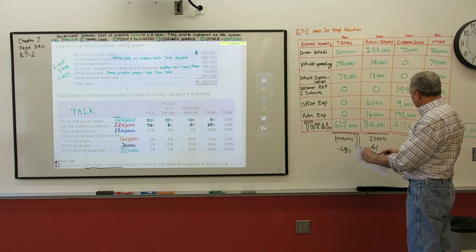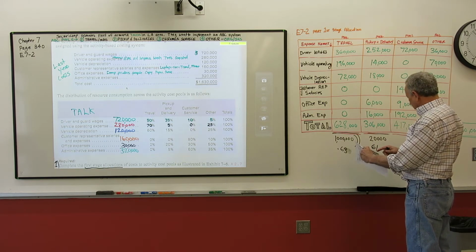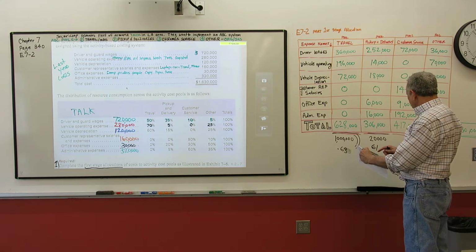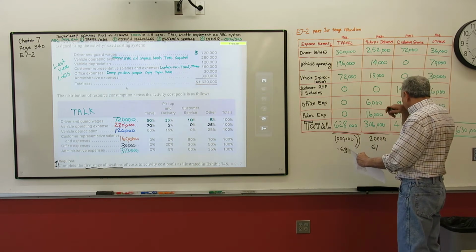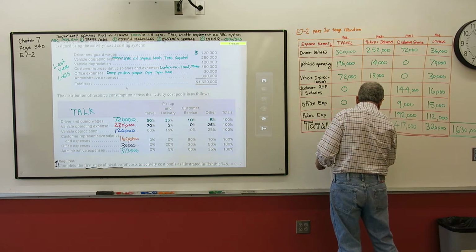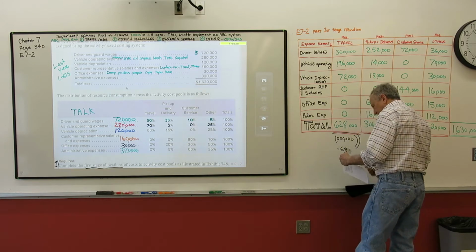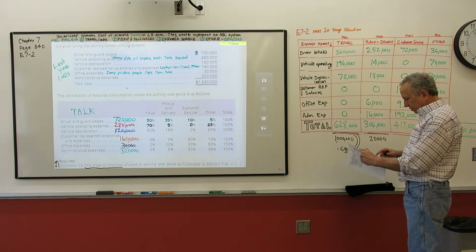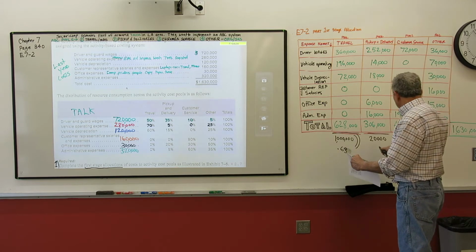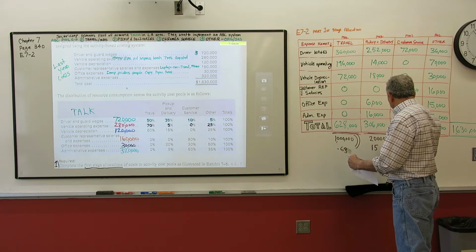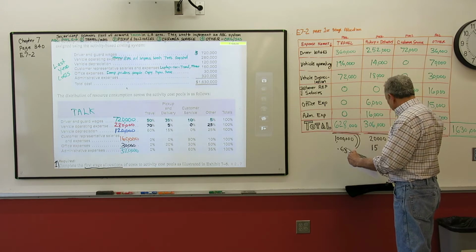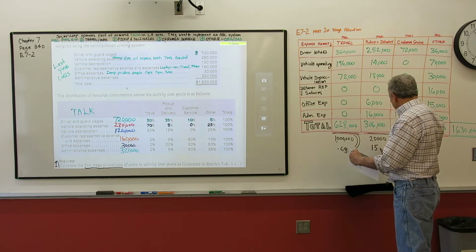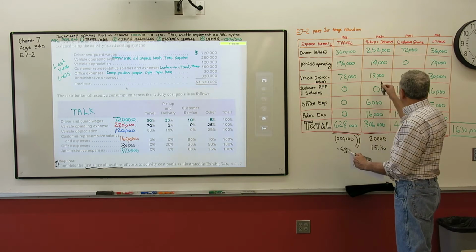Let me try that again. No, I sure was wrong on that. Okay, that's way off. This should be 306,306 divided by 20,000 pickups and deliveries. You'll get $15.30 every time you do a pickup and delivery.